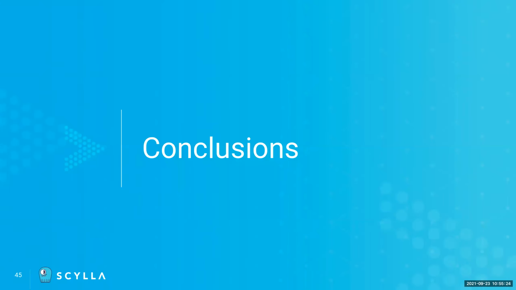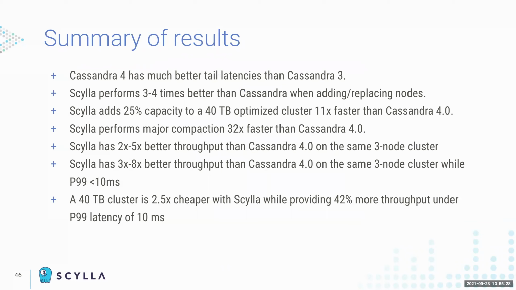So now let's move to conclusions. Recapping all the results that we measured, Cassandra 4 has much better tail latencies than Cassandra 3, mostly due to the Java garbage collection improvements in Java 11 and Java 16.